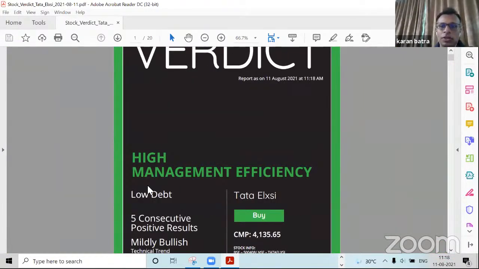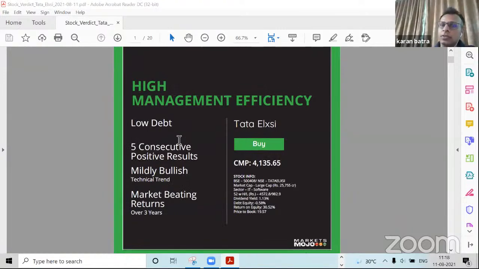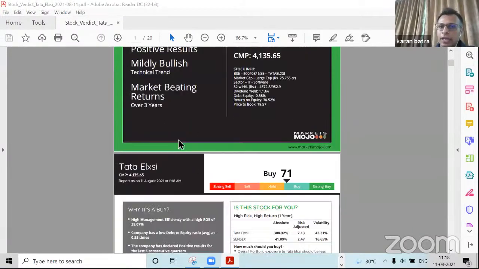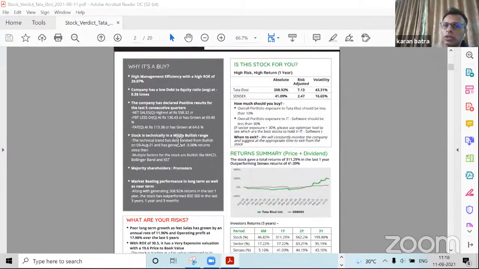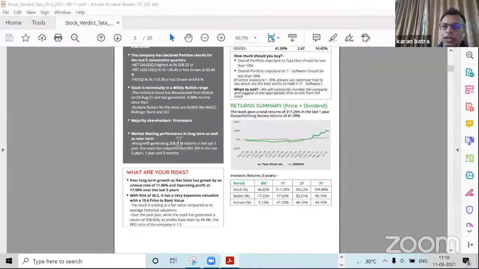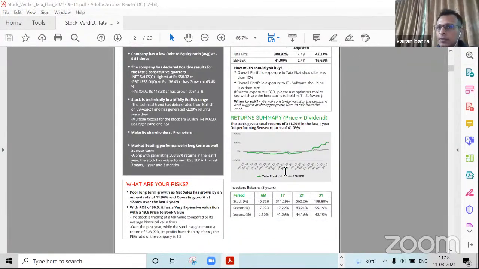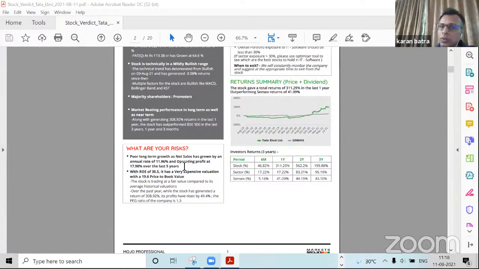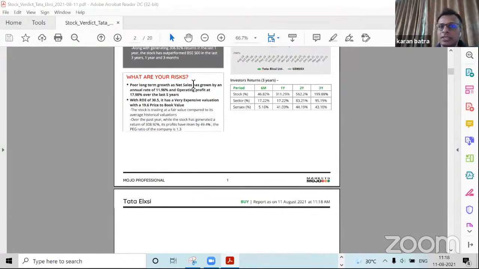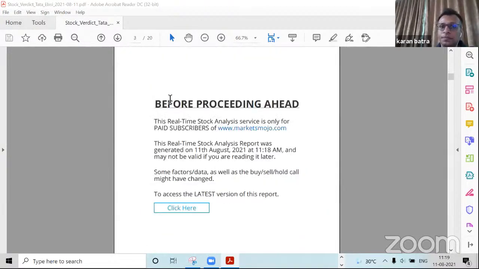Now, this call on the company is buy, and why this call was arrived at. So these are the key parameters, and here you can see what are the parameters summary. Like the verdict, you can see the key decision-making points here on the right. Also, what is not working for the company? What are the risk factors in this call? Like valuation is expensive for this company, very expensive in fact.